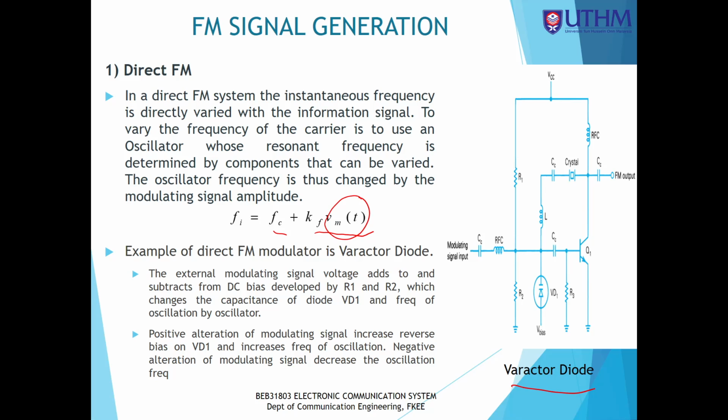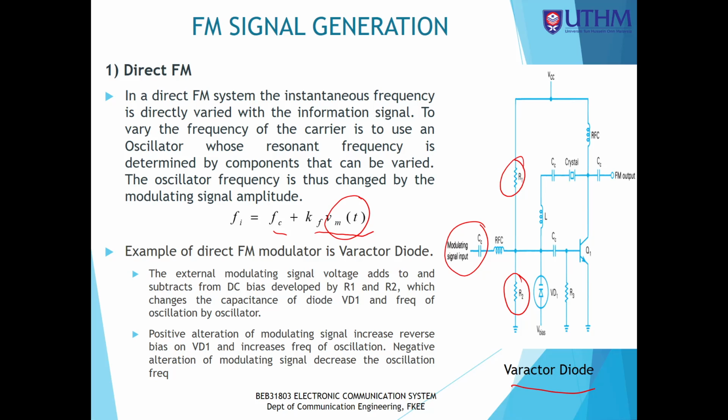So example here, you see that the external modulating signal voltage adds to and subtracts from the DC bias developed from R1 and R2. Okay. So perubahan input signal ini dia akan tambah dan menolak dia punya DC bias generated by the R1 and R2. Okay.